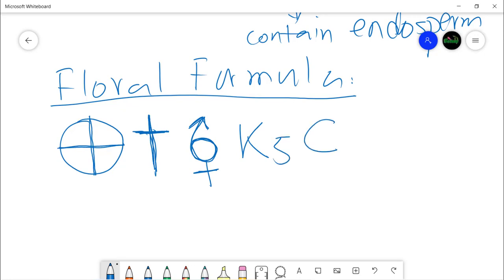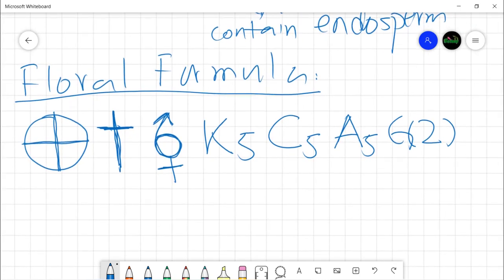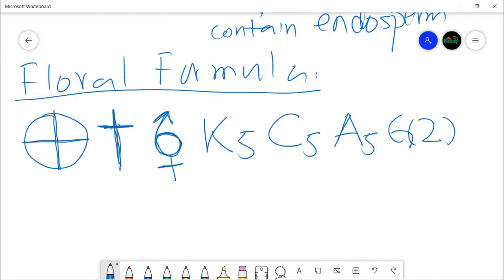Then we have C, corolla, 5, they are also free. And then we have A, that is androecium, they are 5 and they are also free. However, G is not free, so we put a bracket or parenthesis around the number of the carpels, which indicates union. And then we draw a line below the ovary, and it indicates inferior ovary.